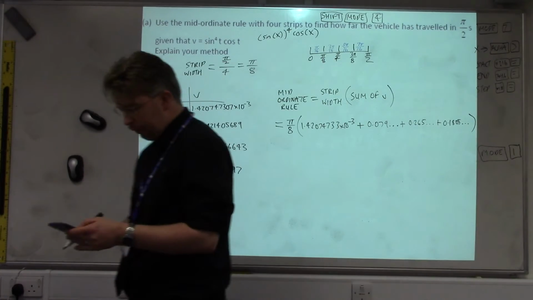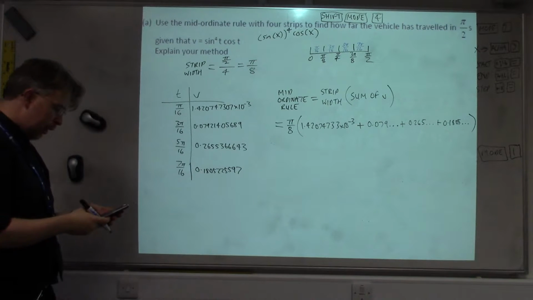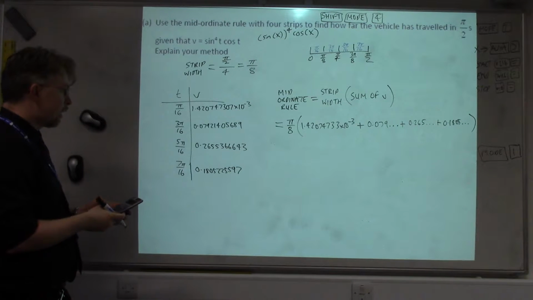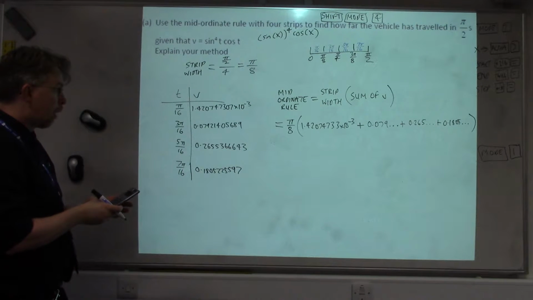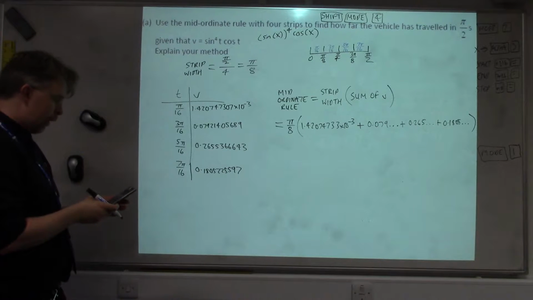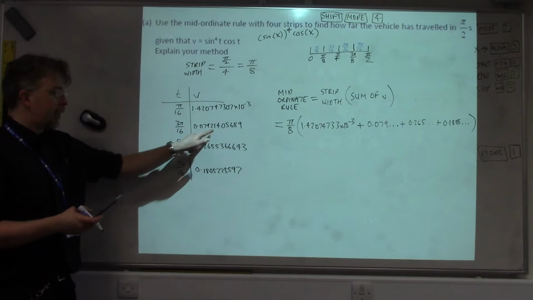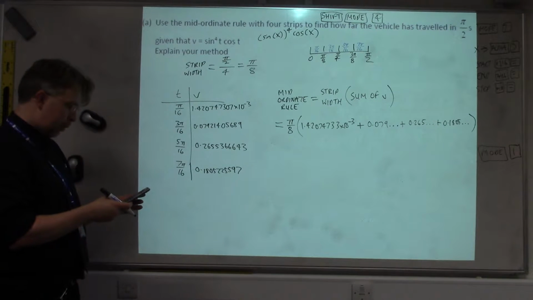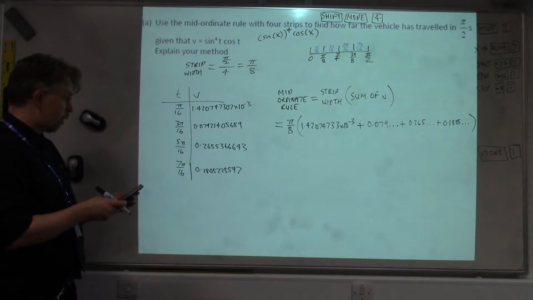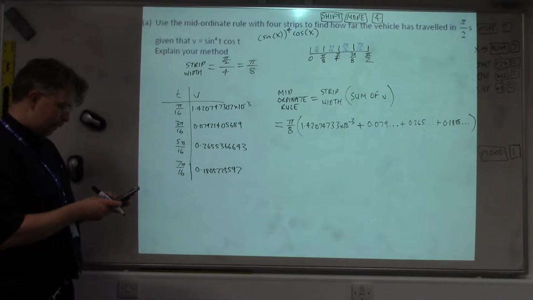Sticking that in, fraction button, pi over 8, open bracket, 1.4207473307 times 10 to the minus 3. Use the full numbers in the table. Plus 0.07921405689, plus 0.265366663, plus 0.1805225597.